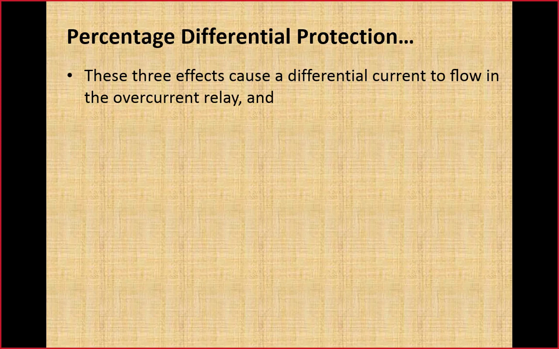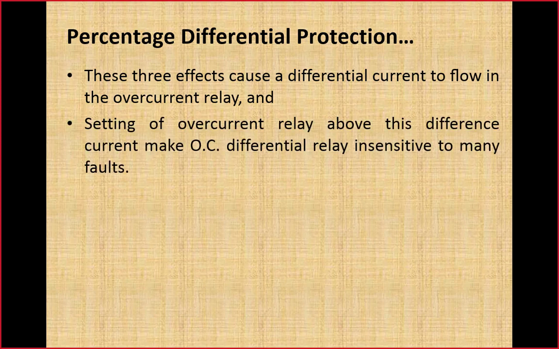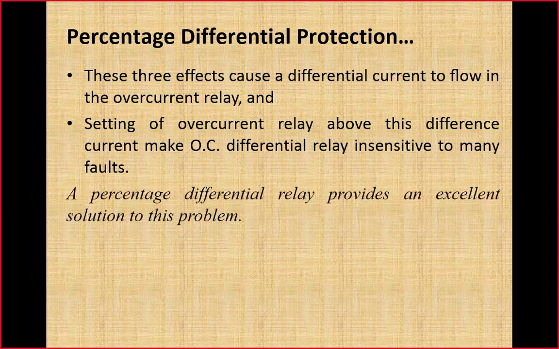So that is not acceptable. In order to avoid the misoperation, we are missing the detection of the fault. So setting our current relay above this difference current makes our current differential relay insensitive to many faults. The solution of this problem is that we will have to use a percentage differential relay for the power transformer, because our current differential cannot work due to the reasons that we have just discussed.